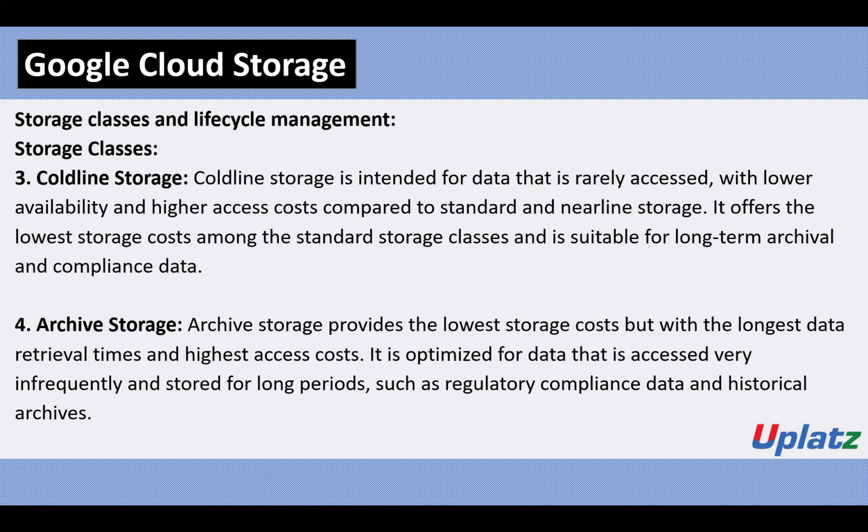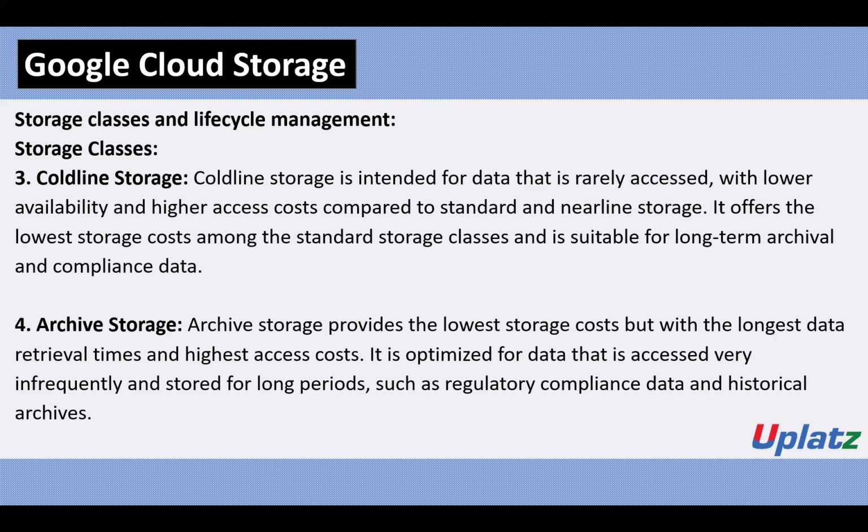So with the lower availability, but higher access cost as compared to the standard and nearline storage. Coldline storage offers the lowest storage cost among the standard storage classes and is suitable for long-term archival and compliance data. Got it? Now the fourth storage class is the archive storage.